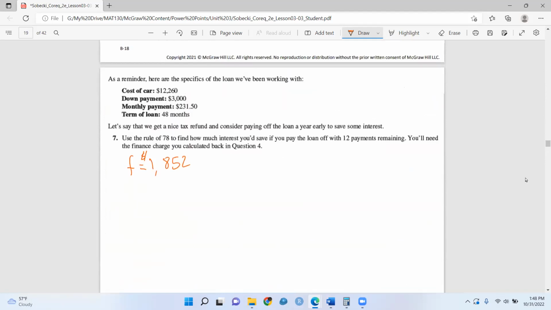And that's really all we need here, because the unearned interest U is equal to the finance charge F times K, the number of remaining payments, times K minus 1, divided by N, the total number of payments, times N minus 1. So we take this 1852 and multiply.